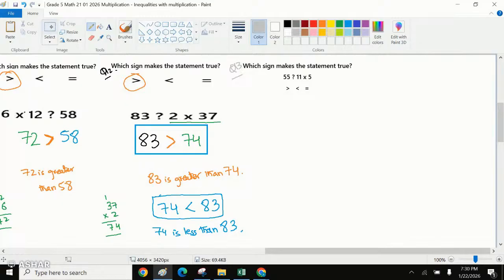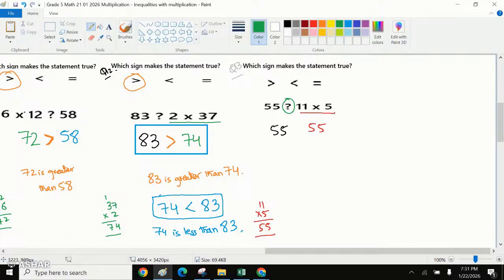So which should be greater? We know that 11 multiplied by 5 is 55. 5 times 1 is 5, and 5 times 1 is 5. We know that this is 55, right? And we already had a 55 over here. So we had to find this missing sign.